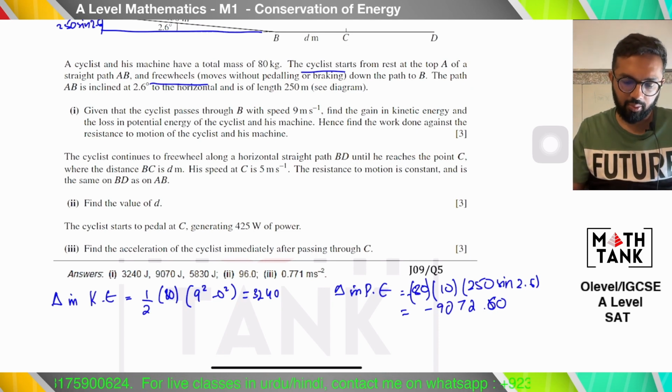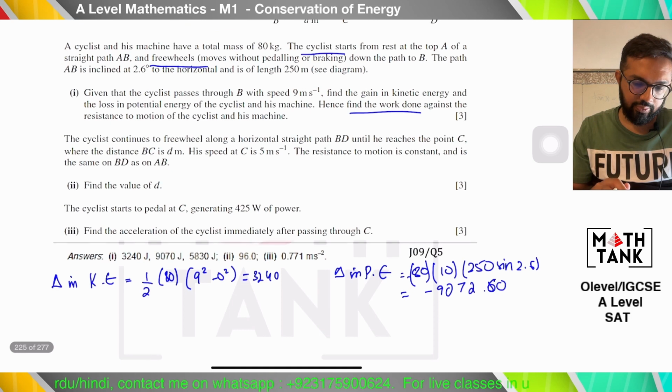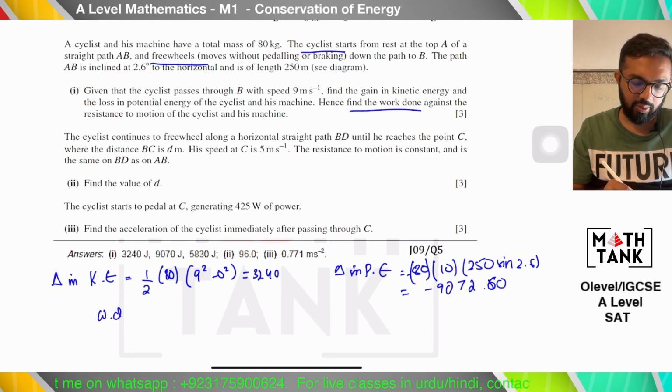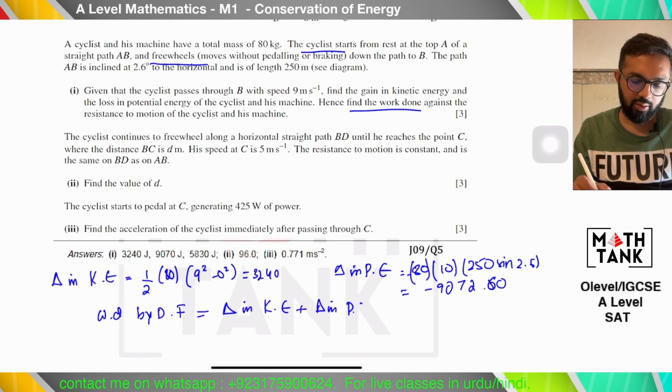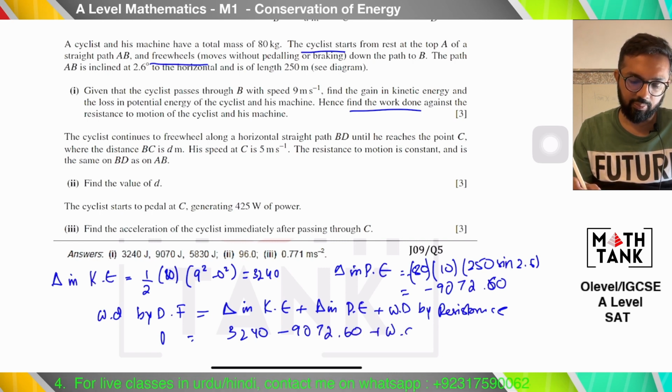Okay. Hence, find the work done against the resistance to the motion. So I'm going to write my formula: work done by driving force equals change in KE plus change in PE plus work done by resistance. This is 0, this is 3240, this is minus 9072.60, and this is what I'm trying to find.